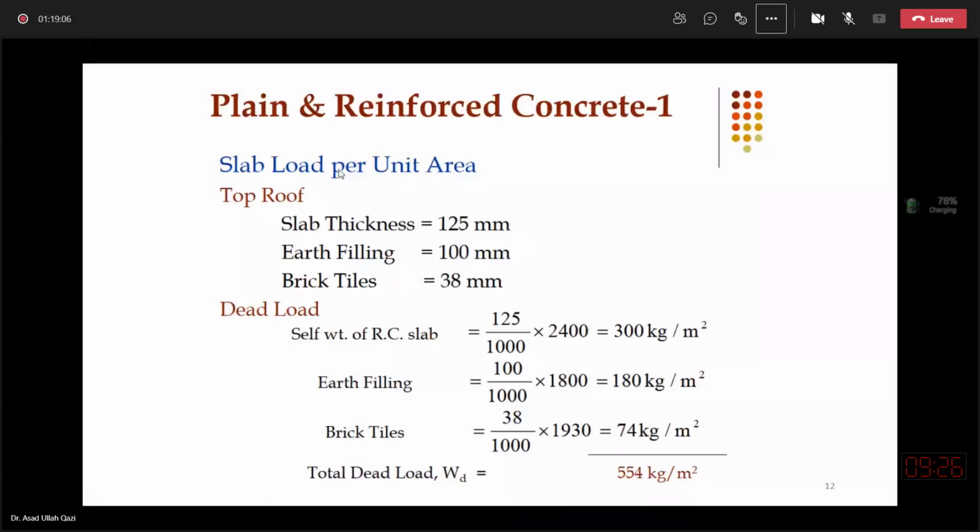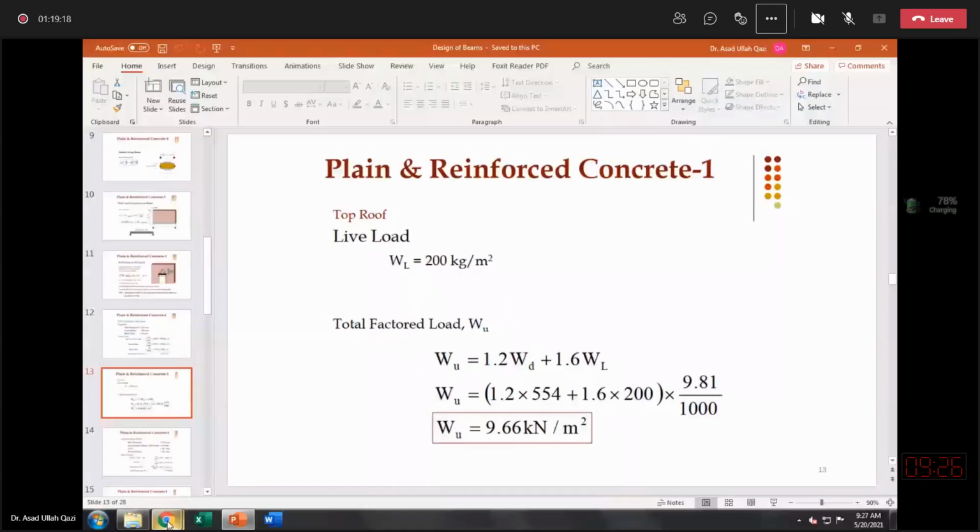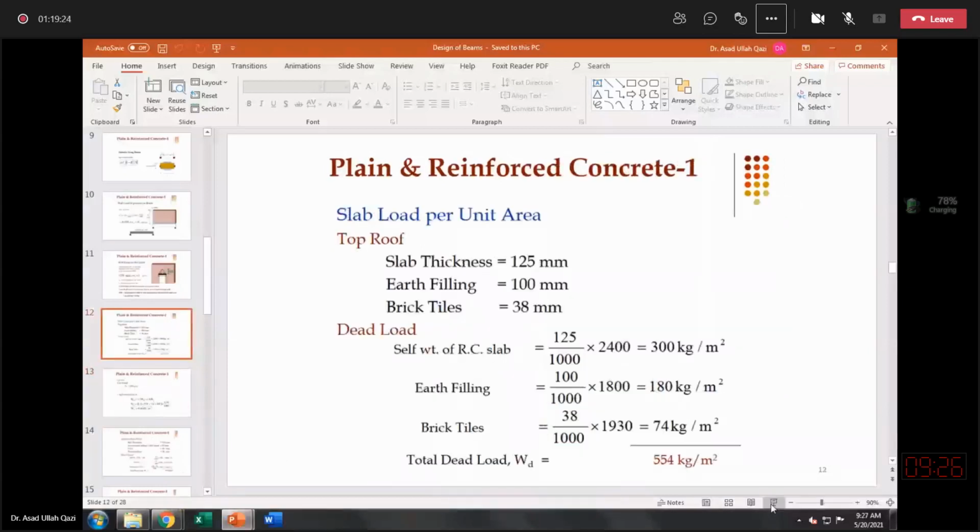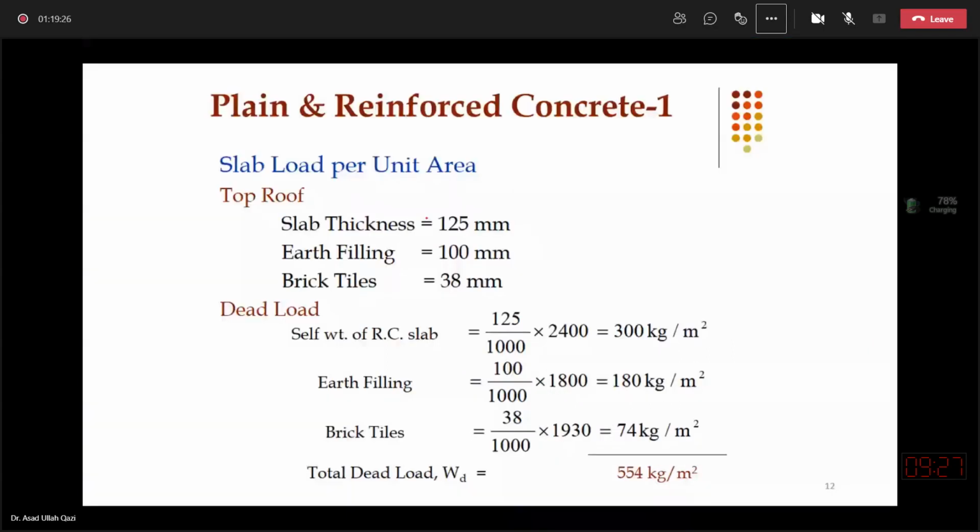For example, on slide number 12, let me assume that the slab thickness of the roof slab is 125 millimeter, 5-inch thick slab, and over the roof slab we normally put earth filling of 4-inch thickness, and then on the roof slabs there are brick tiles. So this is a common roof treatment.